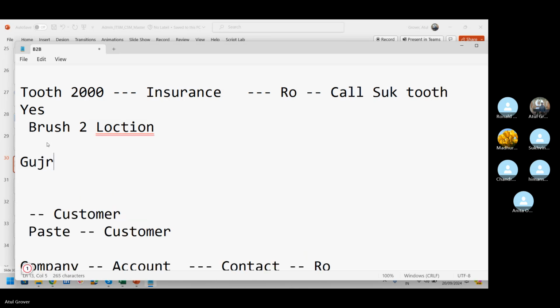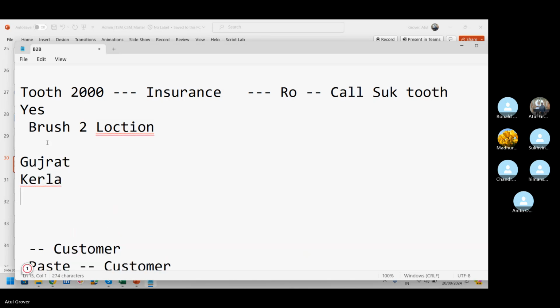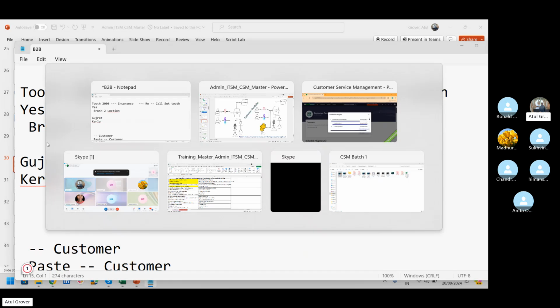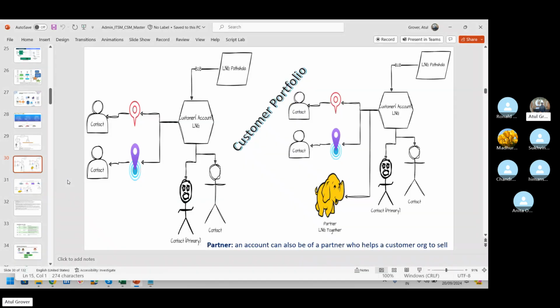One is Gujarat and one is Kerala. Now they purchase the insurance from the tooth company, one in Gujarat, one in Kerala. So they have different contacts in the different places. Primary can be one, but for the different locations they have different contacts.